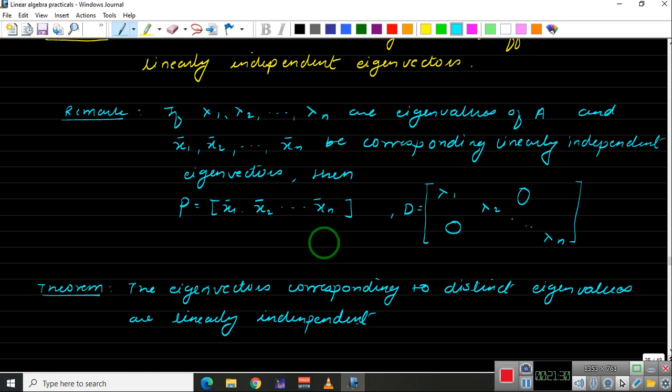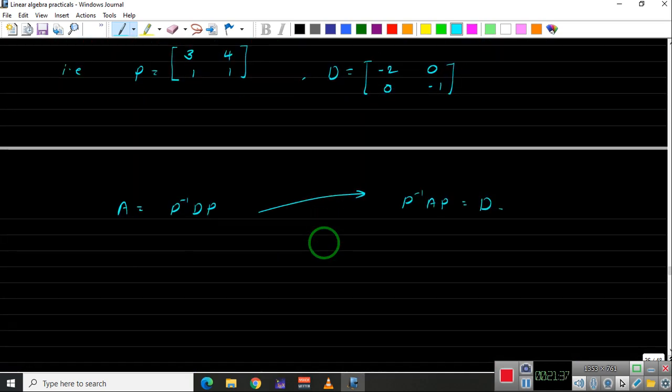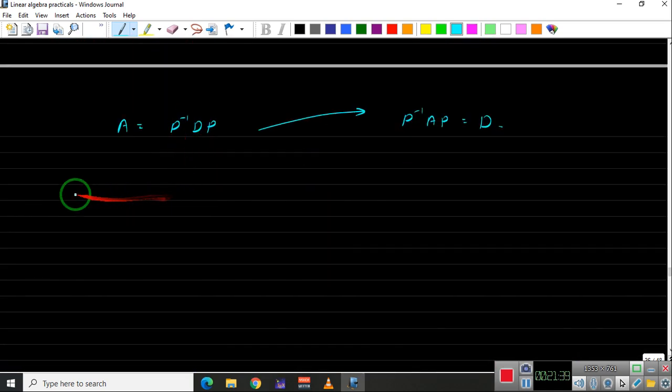You can check the example I have taken. You can try to solve this. You can try for a 3 by 3 matrix as well, but here you need to find the eigenvalues and eigenvectors, that is important.